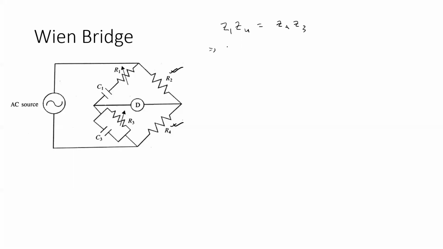So on my left hand side, I can write Z1 into Y3, when I represent Z3 in terms of its admittance. And on my right hand side, I can have Z2 by Z4, which is actually R2 by R4. Now, for the left hand side, let us deal with the complex quantities.